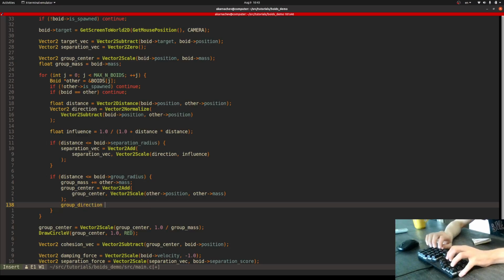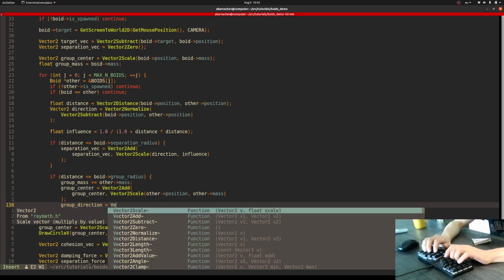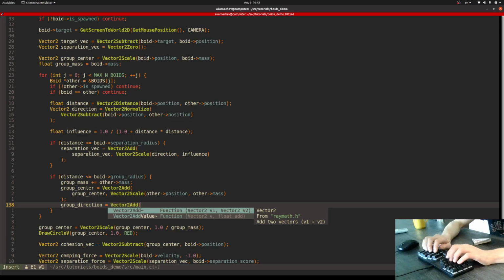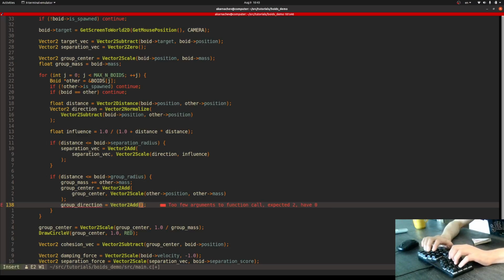Let's say group direction is equal to vector 2, add group direction, and let me think.